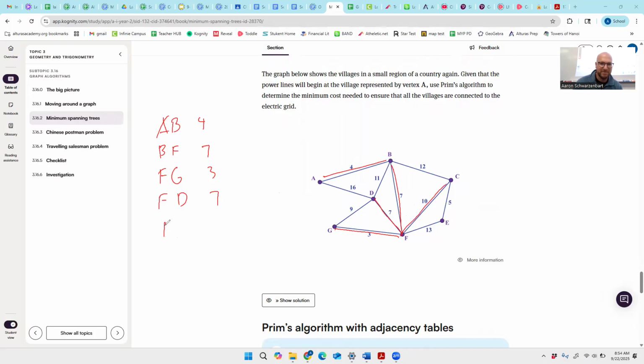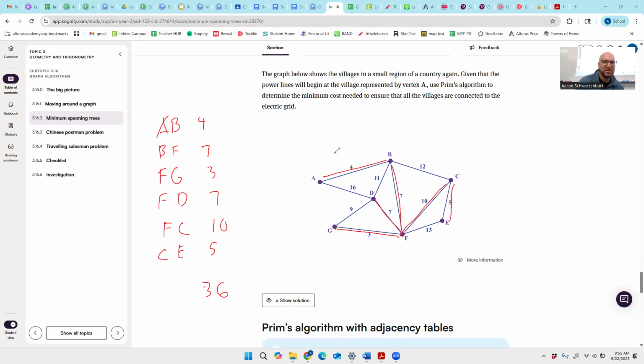FC. I think we're going to get the same minimum spanning tree that we had. CE is 5. 11, 14, 21, 31, 36.